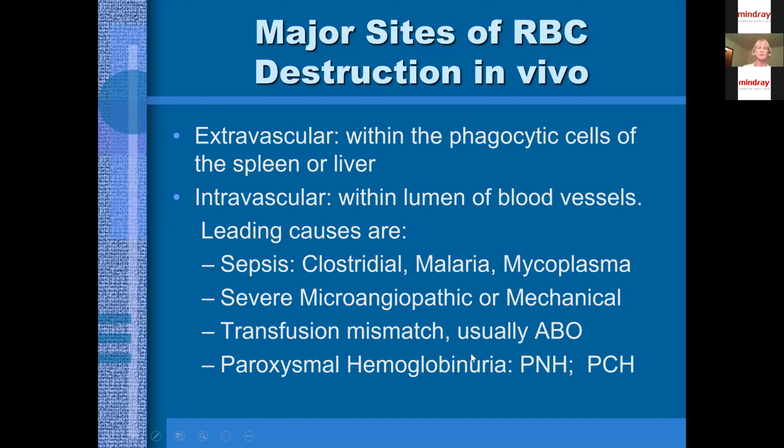Usually it has to be pretty severe, such as an ABO mismatch. And then there are these rare entities called paroxysmal nocturnal hemoglobinuria and paroxysmal cold hemoglobinuria, which I'm really not going to talk more about, but they can cause episodic intravascular hemolysis.